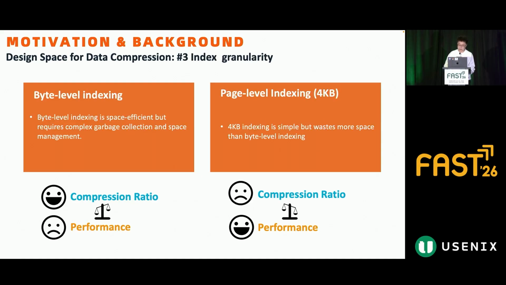The third dimension is index granularity. Byte level indexing is space efficient, but it requires complex garbage collection and space management. 4 kilobyte level indexing is simple, but it wastes space compared to byte level indexing. This is another difficult trade-off between compression ratio and performance.